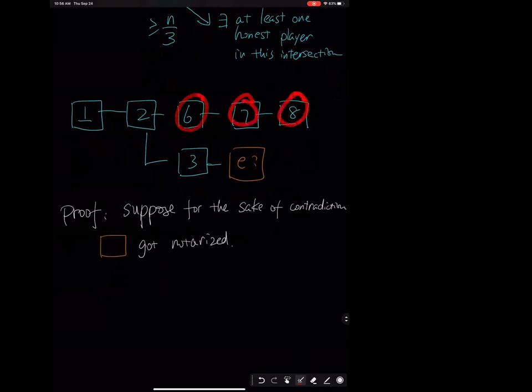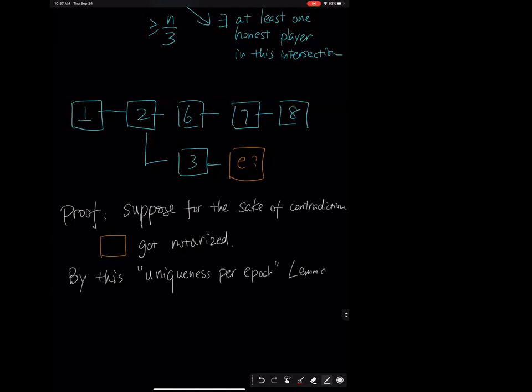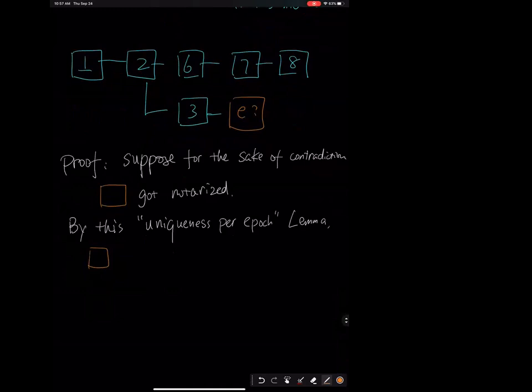And then we can divide it into 2 cases. By the uniqueness per epoch lemma, which I proved just earlier, this orange block must have epoch number either greater than 8 or smaller than 6.